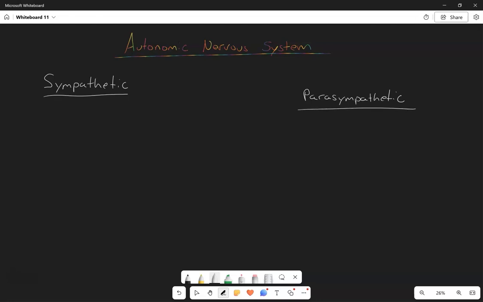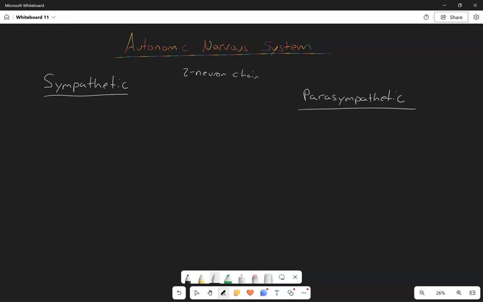So two divisions. Now, what the autonomic nervous system has that's different from the motor system, the skeletal muscle system, is that the autonomic nervous system uses a two neuron chain. So both of them use a two neuron chain.